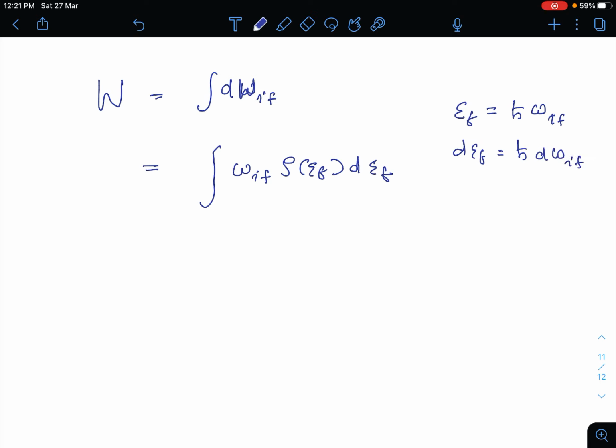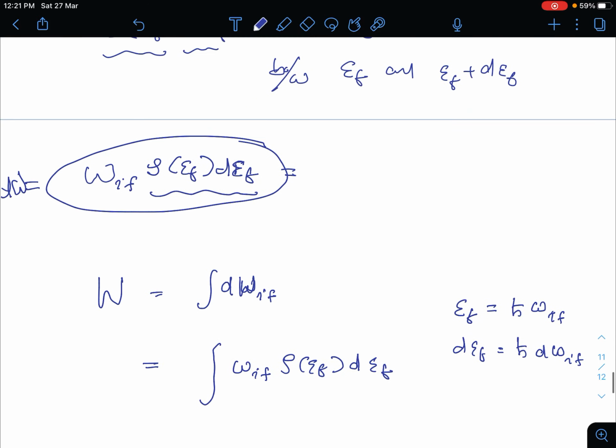Okay, now omega IF we know from the previous equation. We have calculated the omega IF because here also we consider the potential to be something constant and not depending upon time explicitly. So that also I can consider. So the earlier result, I mean which result?